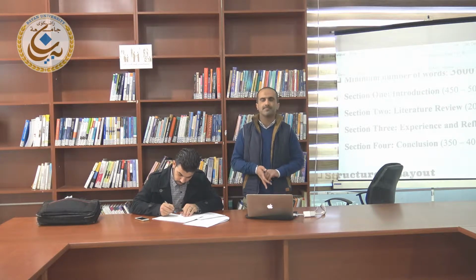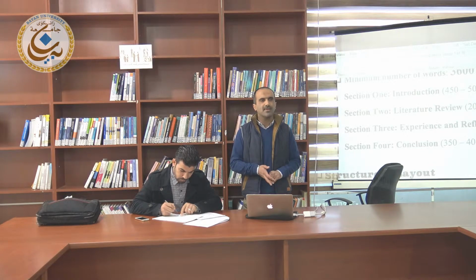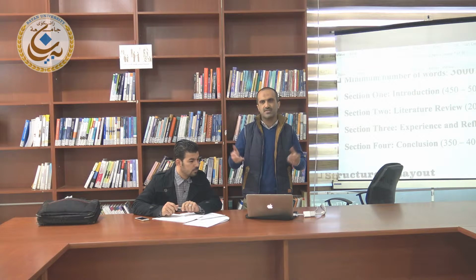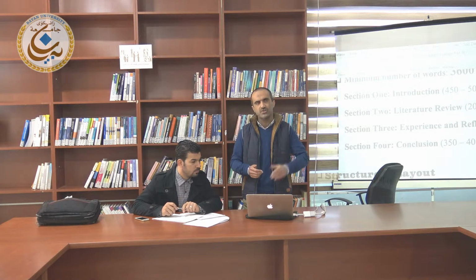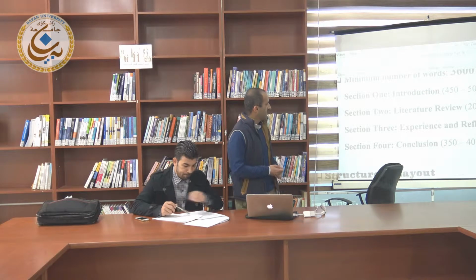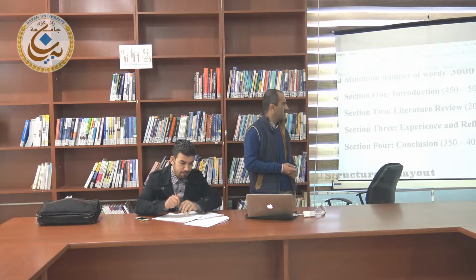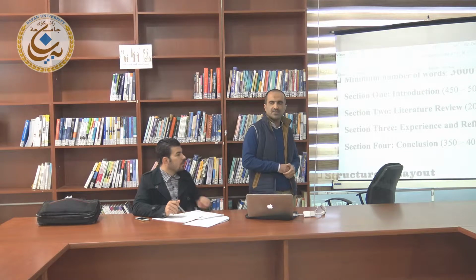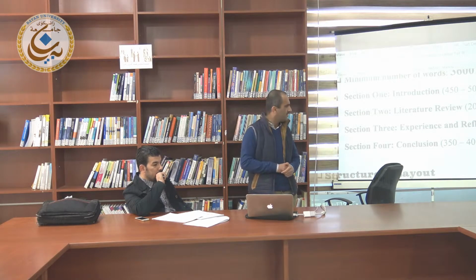For example, we're going to collect the data from participants, and then we're going to analyze the data, especially for teaching issues or learning issues. And sometimes we can have an experience as a teacher, as a learner, or maybe as a learner is better, and reflection later on. And the last one, section 4, is the conclusion.